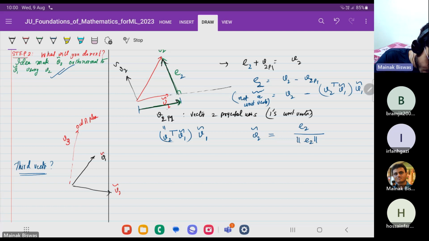If I want to have this perpendicular component, what will I do essentially? I'll be projecting V3, or the error E3, which is from the plane. This is the error vector from the plane, right? Which is perpendicular to the plane, which is some linear combination of the first and the second vector, right?